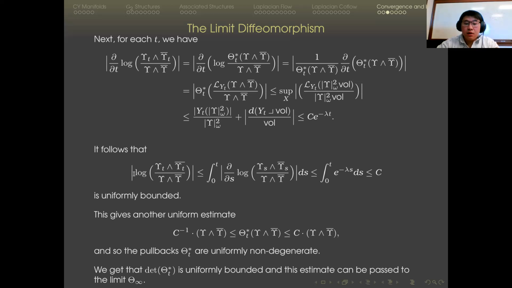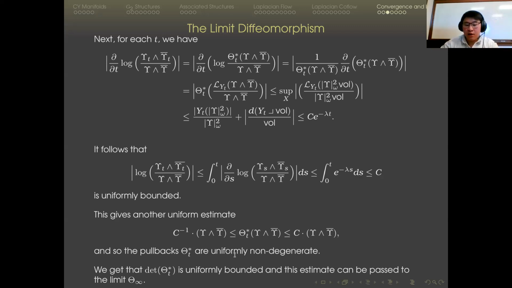So to get the bound on the log of this thing, we integrate the term that we just looked at. We're integrating this exponential term, which gets us a uniform bound. Ultimately, this shows that the pullback of the volume form is uniformly bounded with respect to the initial one, and this pullback over here is the moving volume form. That tells us that the maps theta_t are all uniformly non-degenerate.